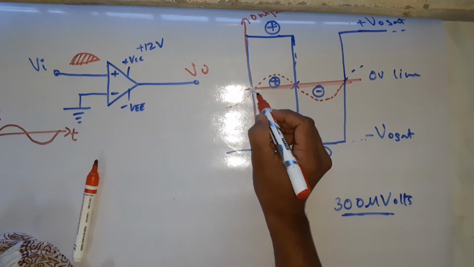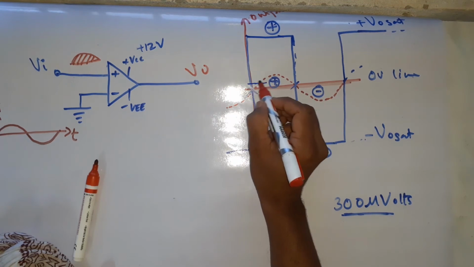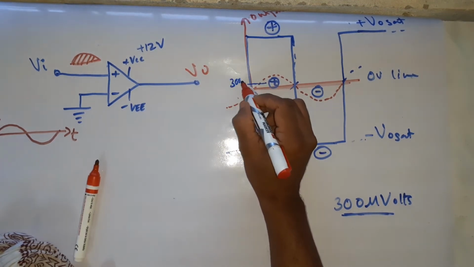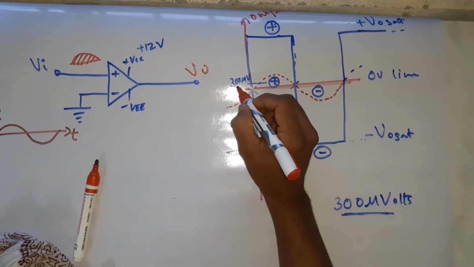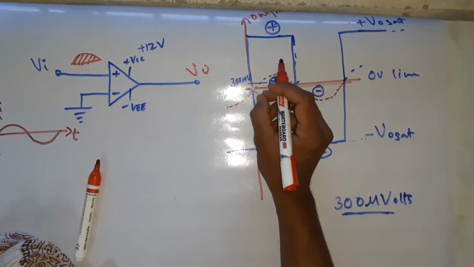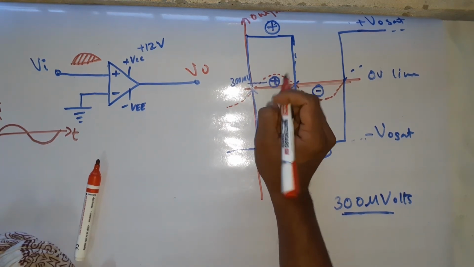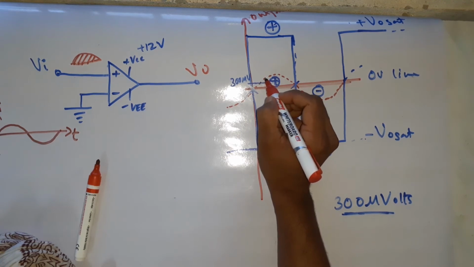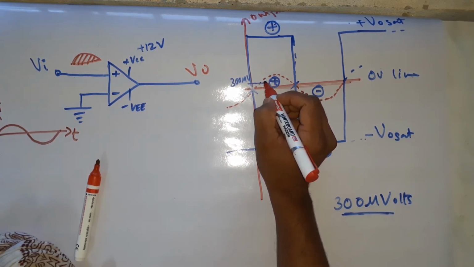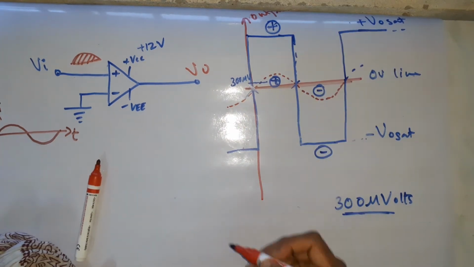It should cross 0 and at least reach 300 microvolts, a little bigger than 0. Then only it will understand that it has gone into positive voltage, hence the output changes from minus V naught sat to plus V naught sat.